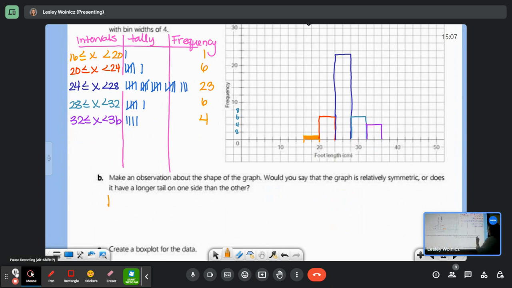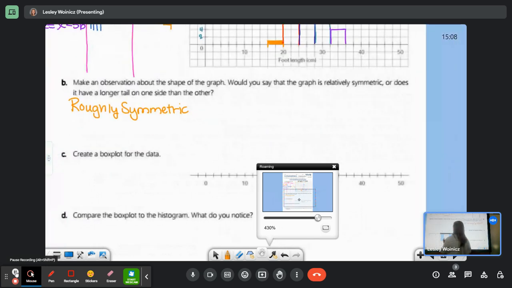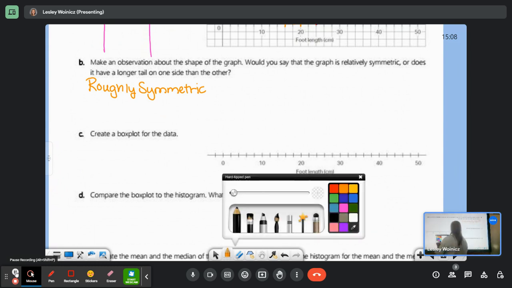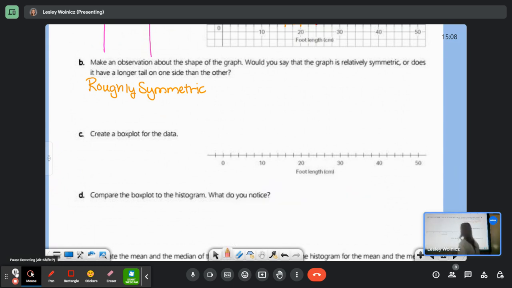So we can say roughly symmetric. I would always get mad at my teachers if they taught me something that ended up being wrong later, so I thought I would come clean about that one.